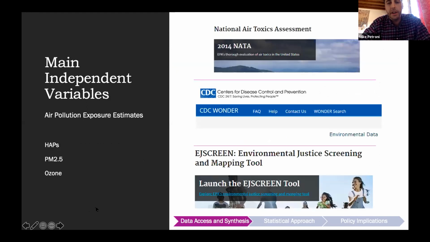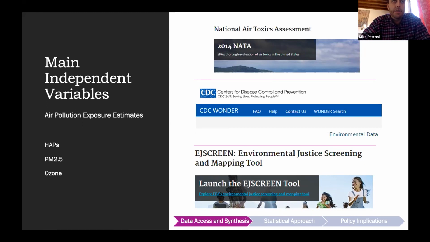For our main independent variables, we drew from EPA and CDC data sources. The most important part of this was a great data set called the National Air Toxics Assessment. This is a procedure that EPA performs every 3 or 4 years based on the National Emissions Inventory, where they put together a modeling run to estimate, at every census tract in the United States, levels of 180 different hazardous air pollutants.